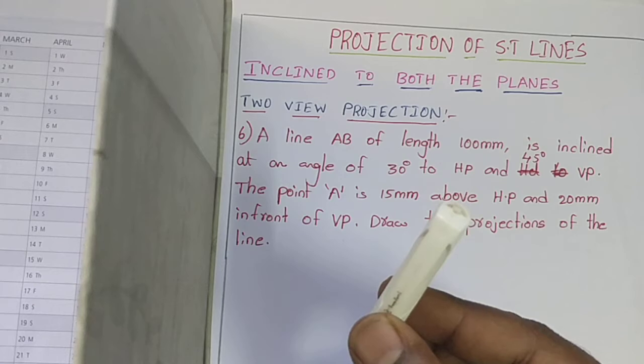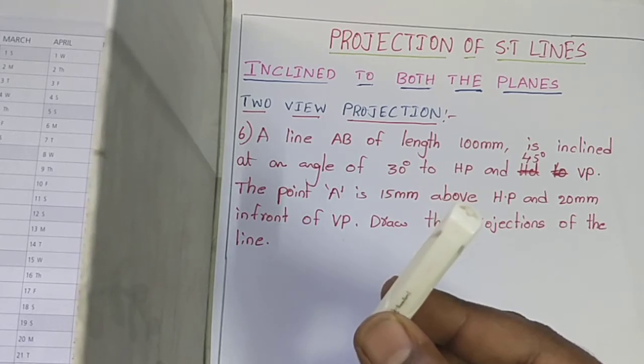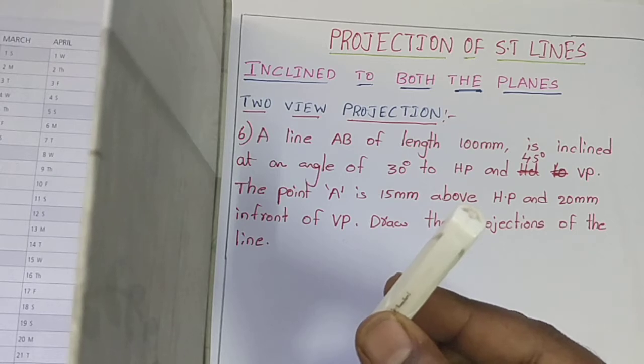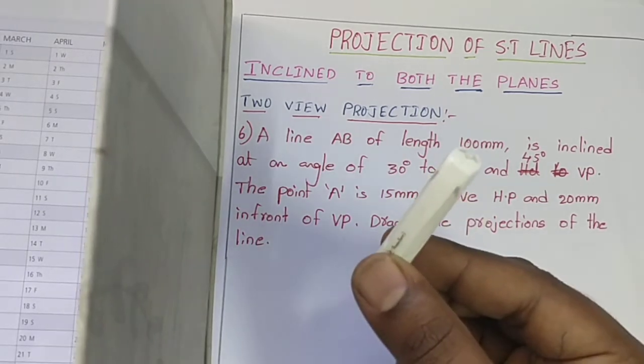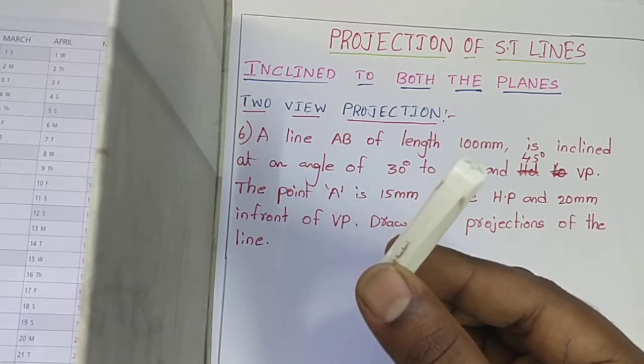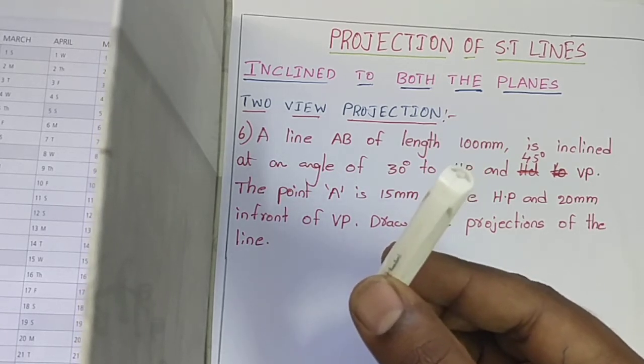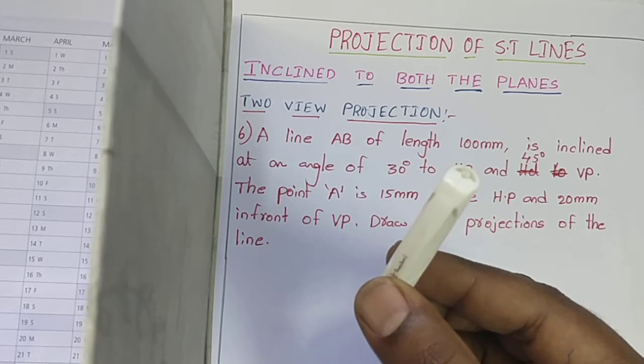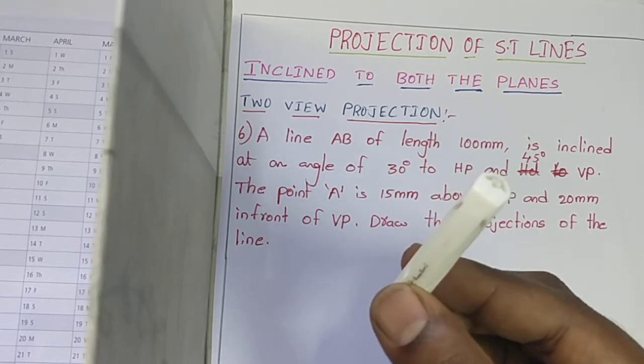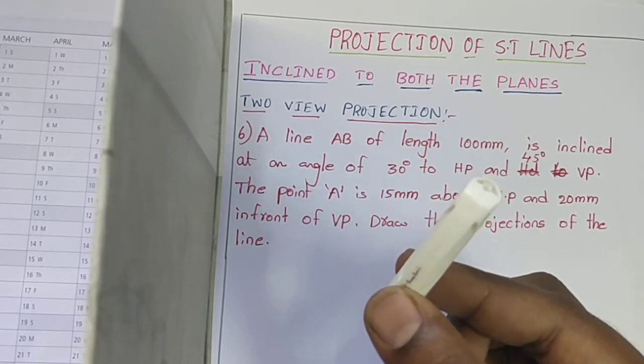That means in the final position, the length of the line AB is 100 mm, it is 30 degrees to HP and 45 degrees to VP, and point A is 15 mm above HP and 20 mm in front of VP. Now I have placed all the conditions. Finally they ask to draw the projections of the line.